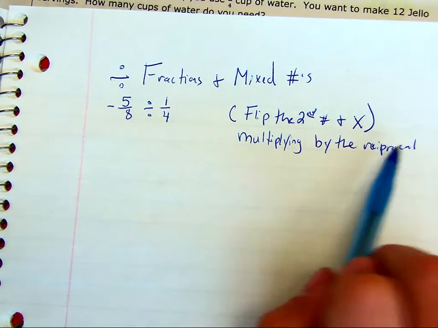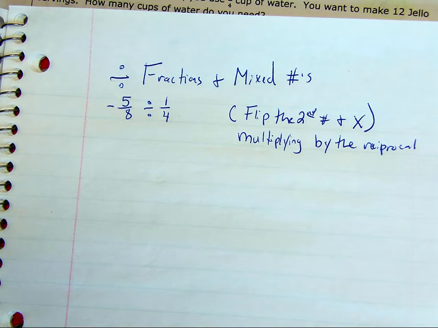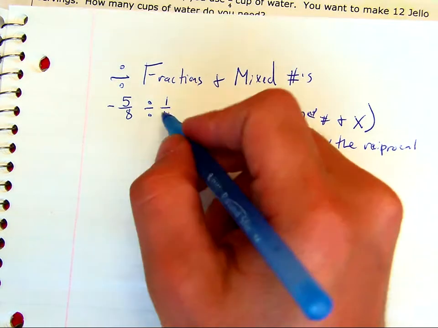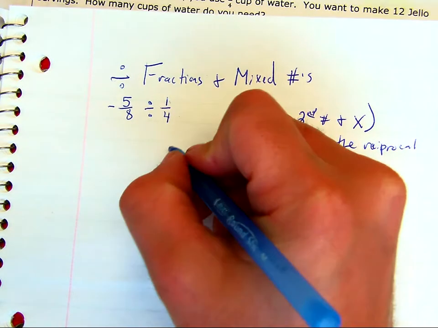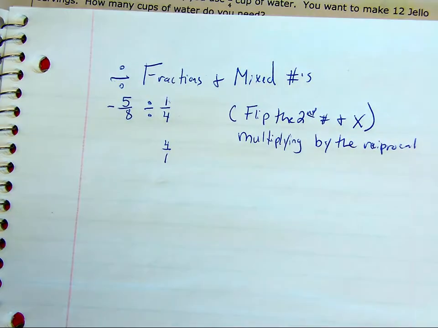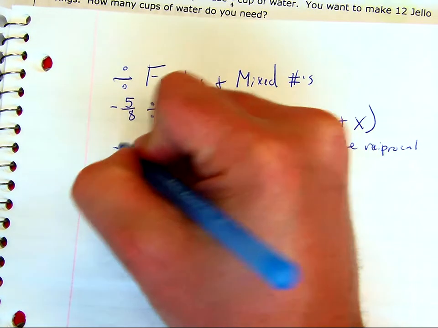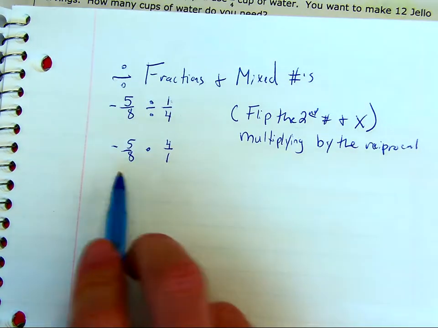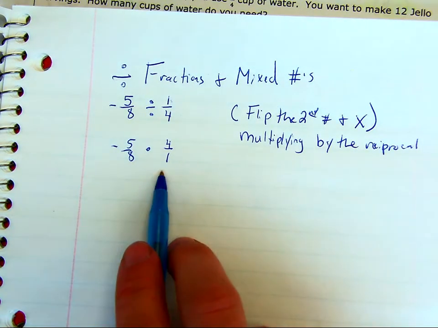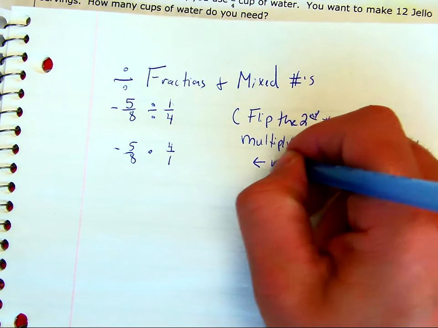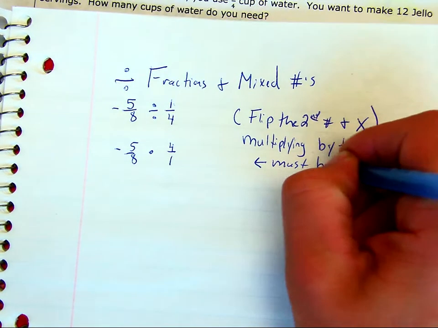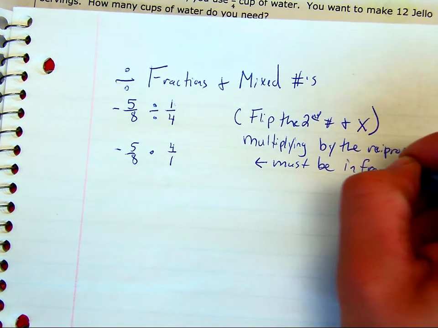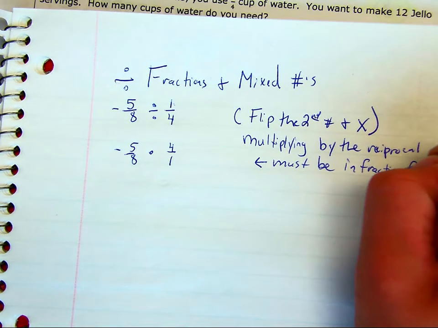All right, so we are multiplying by the reciprocal. The reciprocal of 1/4 is 4/1. So then, okay, I have them both in fraction form. They must be in fraction form.